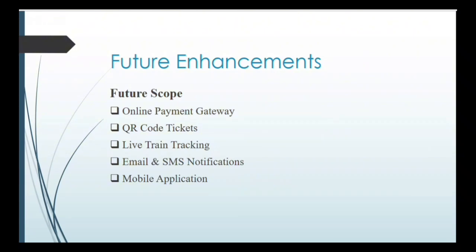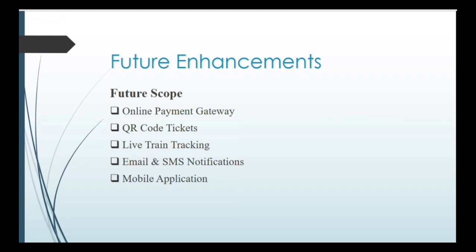Now coming to future enhancements of this system. In the future, this project can be improved by adding an online payment system so users can book and pay directly through the application. Another useful feature could be QR code tickets, which will make checking tickets easier at stations.